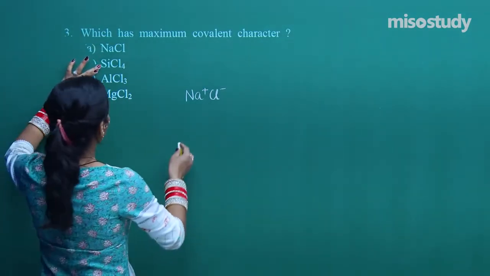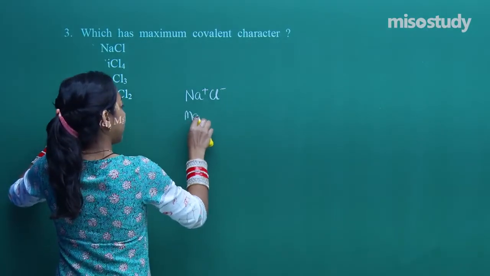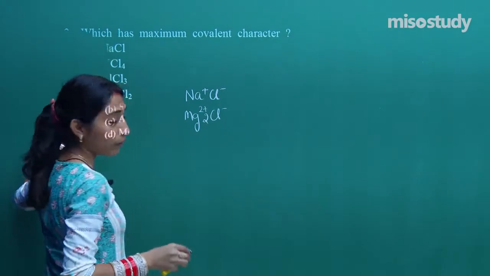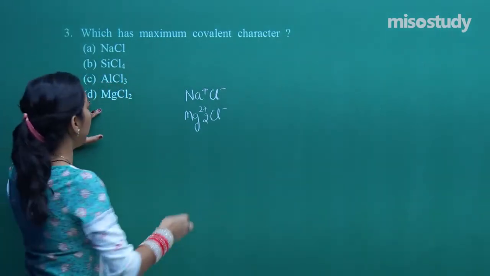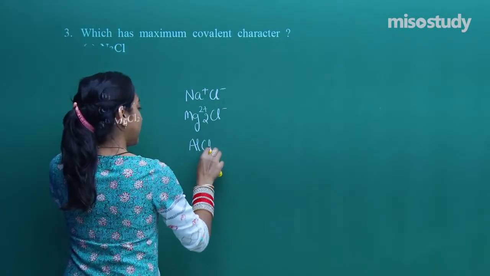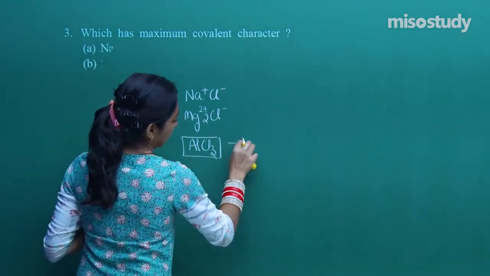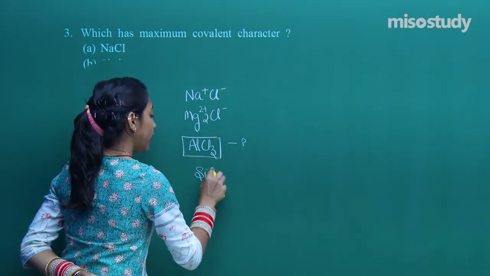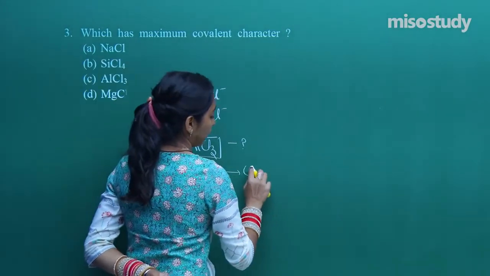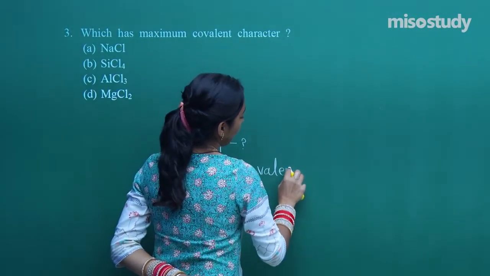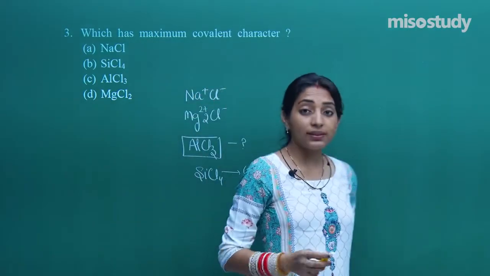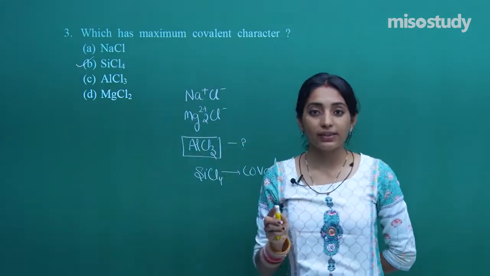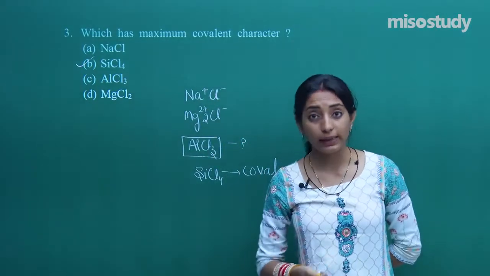Then let's move on step by step to MgCl2, which is again an ionic compound. When I talk about AlCl3, it is a dicey situation, right? And if I talk about SiCl4, this is permanently covalent, this we know. That means this question is very easy, and you can simply mark the answer as SiCl4 because silicon compounds are generally covalent in nature.